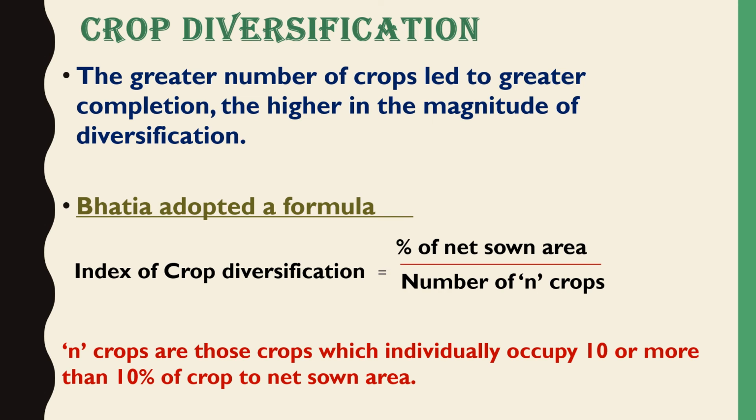Where the number of crops are greater, their magnitude of diversion, this type of diversion actually, is also higher. It actually led to a competition among different crops.